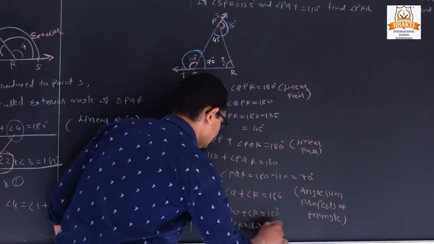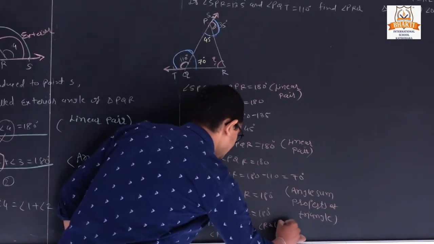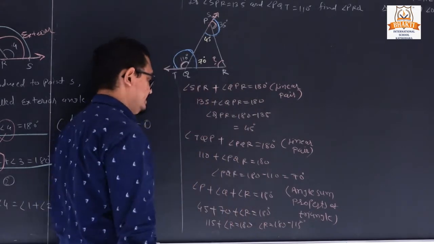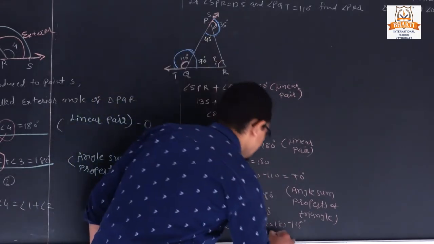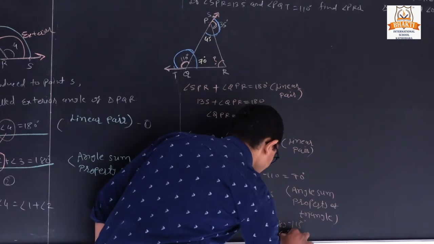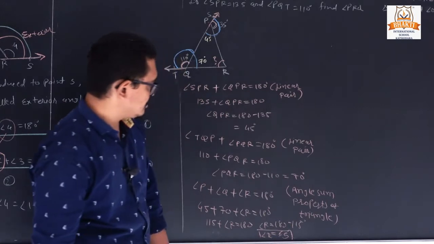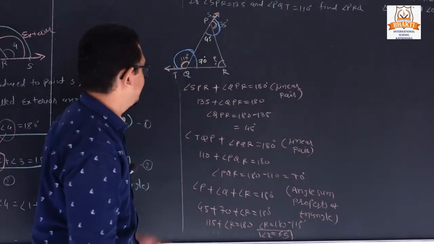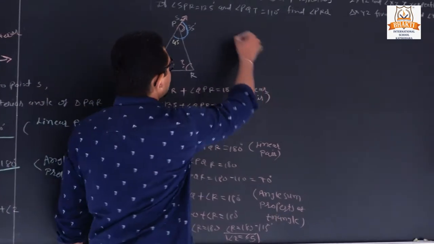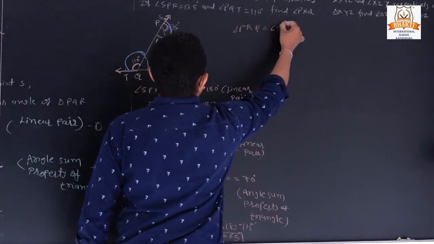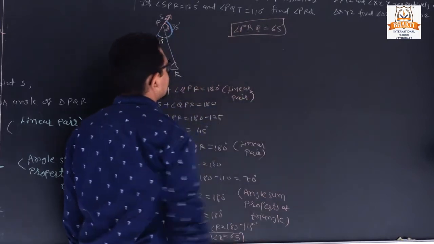Now R is equal to 180 minus 115, because this value is going to the other side. So it is 65. Clear? Angle R is equal to 65. So what is our answer? Angle PRQ is equal to 65 degrees.